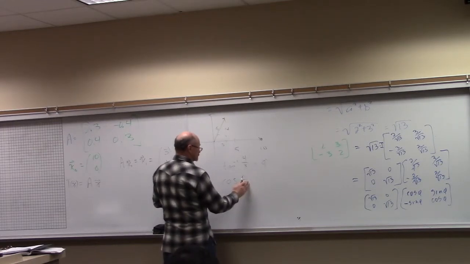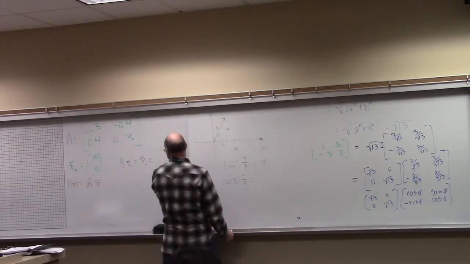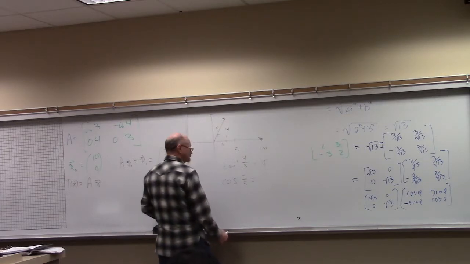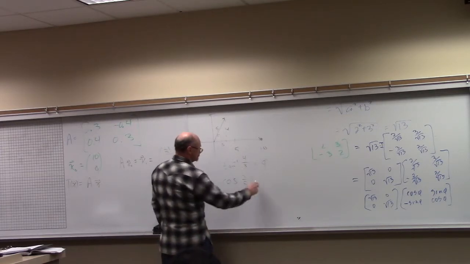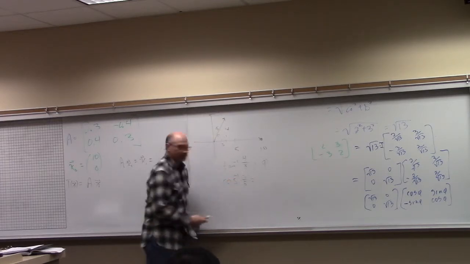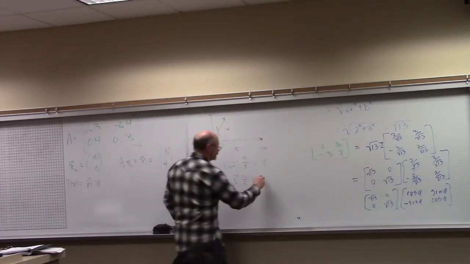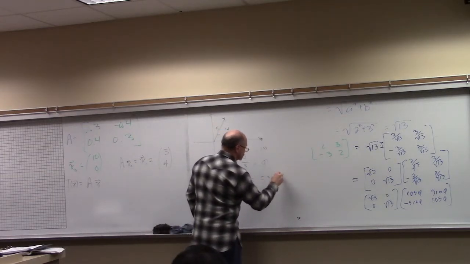Oops. Yeah, 3 over 5 should be that. And 3 over 5. That should be right. What is the inverse cosine? I'm sorry, inverse cosine of 3 over 5. 53.1 degrees.